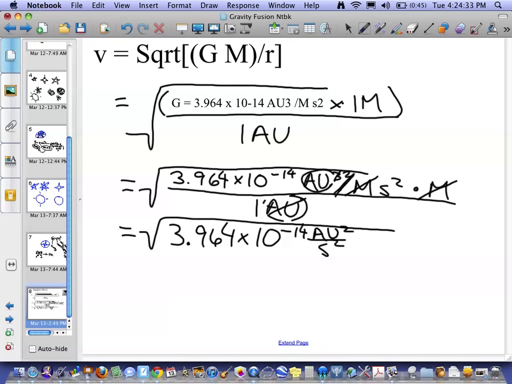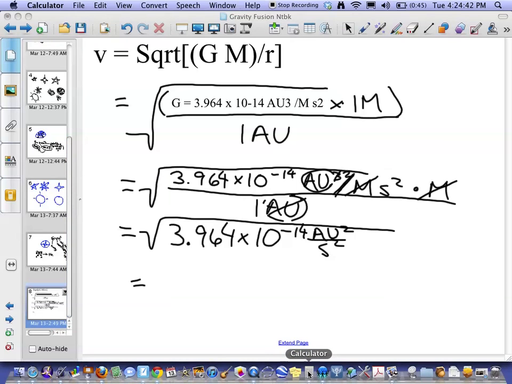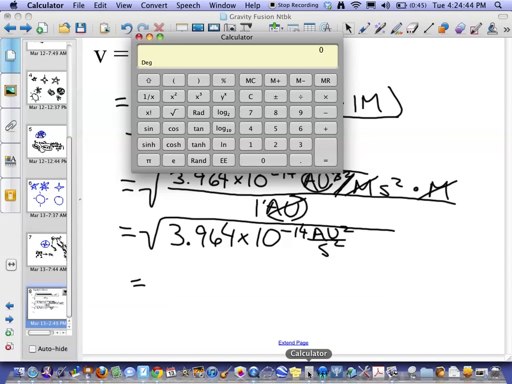So what I'm going to do is take out my calculator. I'm going to take that number, 3.964, and then hit EE to the 14th, but remember that's a negative 14, and I hit equals.